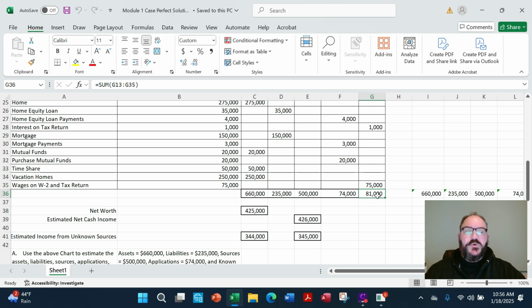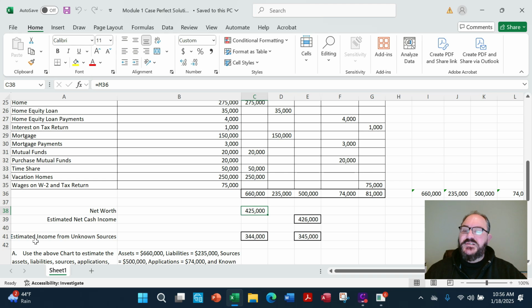And what we're going to do is use these numbers, not 75, excuse me, 81. Now over here, estimated net cash income. What is that? That's $500,000 that they show as cash income, a deposit in a bank, versus 74 that they spent. So we're comparing these two numbers.